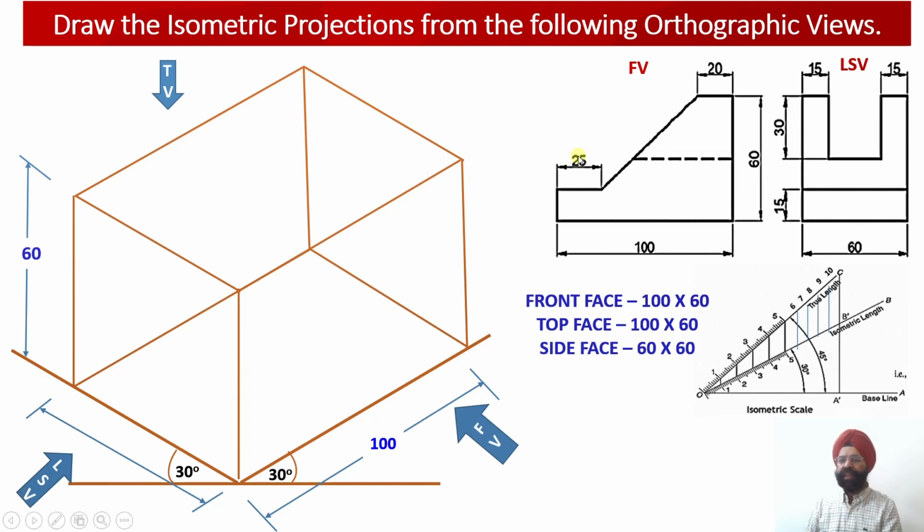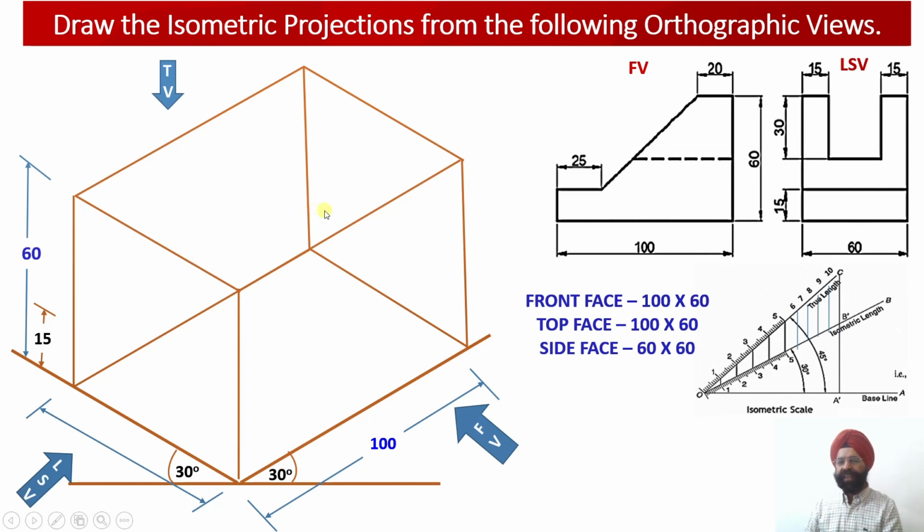Now let us start with the lowermost element, that is, the element which lies at the bottom. What are its dimensions? The height is equal to 15 millimeter, the length of this element is 100, and the width of this element is 60. So we are going to draw a ring over here.